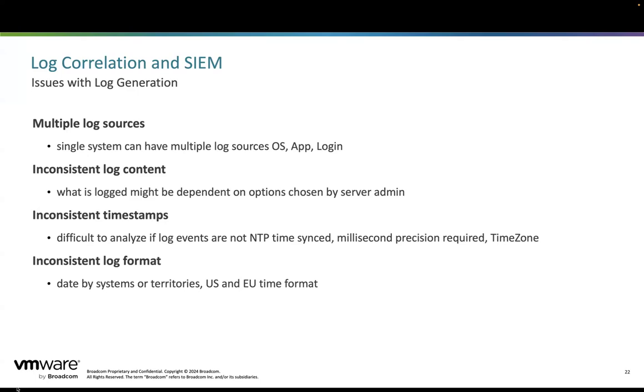What is logged might be dependent on options chosen by a server admin. So if you're thinking in terms of log consolidation, logs coming from different sources, the information, the level of detail can be inconsistent because of an end user configuration of what data is being logged.